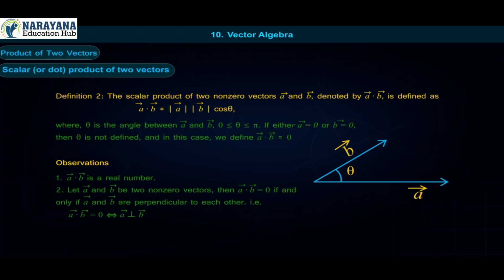That is, vector A · vector B = 0 implies vector A is perpendicular to vector B. Number 3. If θ = 0, then vector A · vector B = |A| |B|. In particular, vector A · vector A = |A|², as θ in this case is 0.